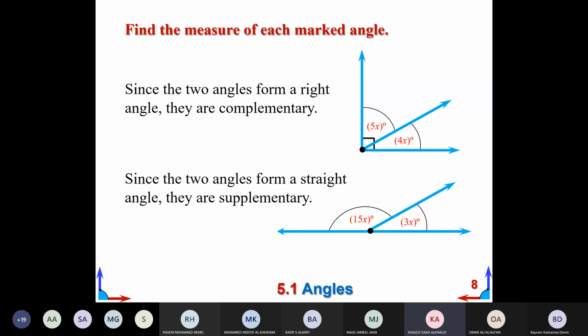Then we multiply 10 by 5 to find the first angle, and 10 by 4 to find the second angle. So in the first picture, x is 10 degrees. It is so simple to find, right? How about the second picture? Same method, but it equals 180. Also 10, right?